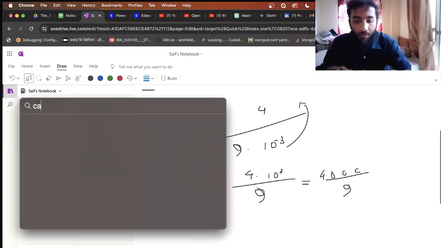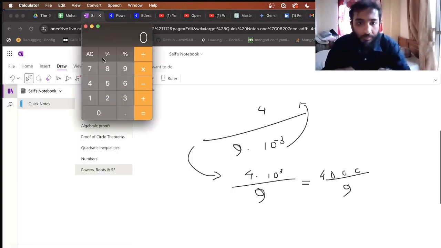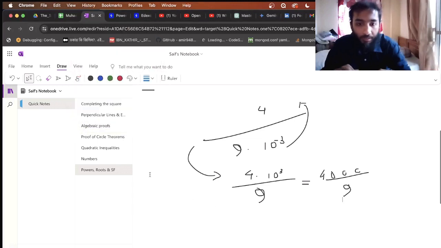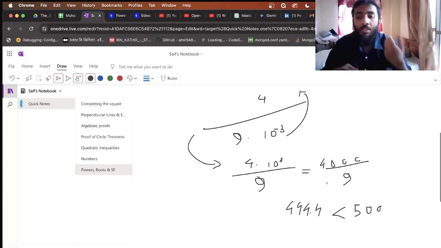Let's check. If I use my calculator, let's divide 4000 by 9. It's roughly 444.4. So it cannot contain 500 sheets of paper because it's less than 500. So this is the solution to this problem.